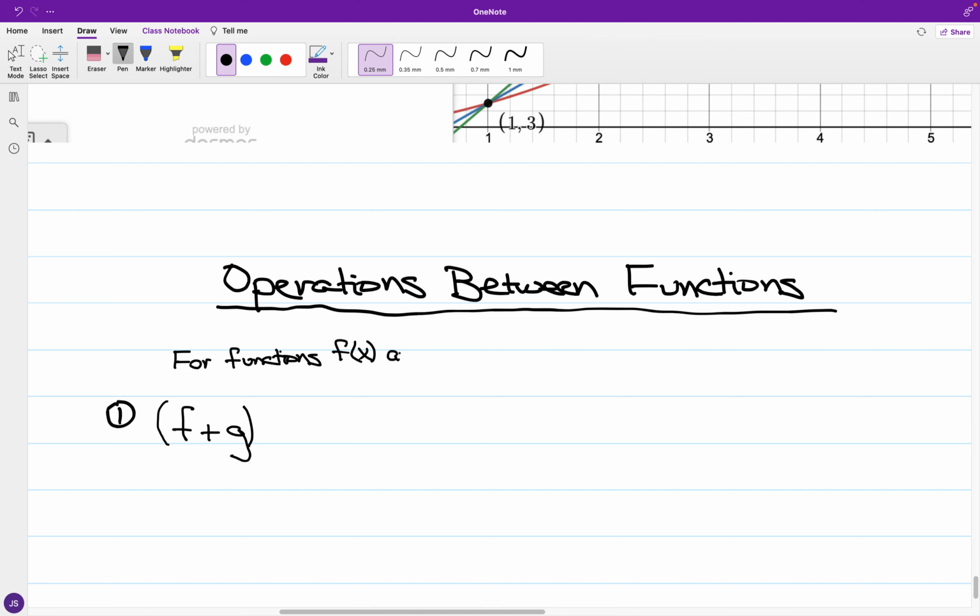You could be working with more than just two functions, but we'll just keep it to two functions in the general case. Now we have what's referred to as the sum function. We're going to have f plus g of x, and that can be written as the sum of the functions f of x and g of x.